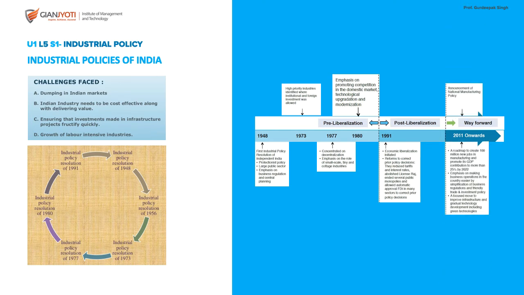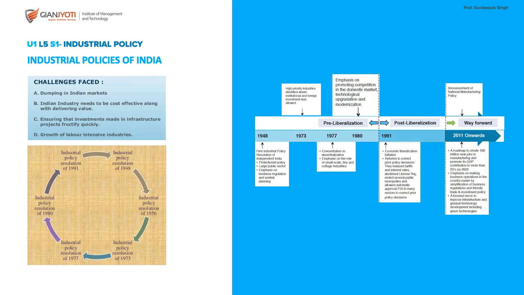When we talk about 2011, we had our national manufacturing policy. So this was not industrial policy. We came up with a new national manufacturing policy, which was a roadmap to create a lot of jobs in the manufacturing industry.